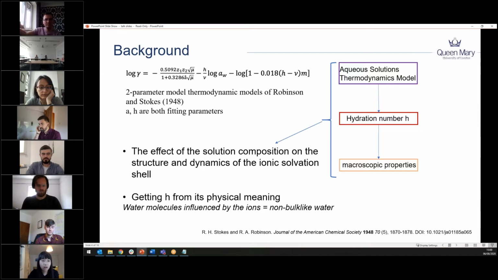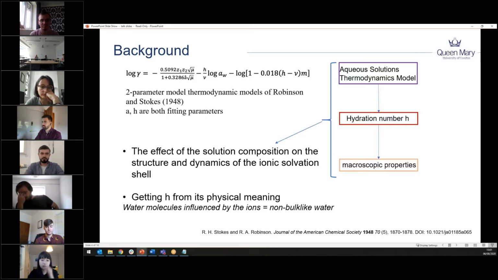Here in the equations, gamma is the activity coefficient, mu is the ionic strength, and aW is the activity of the water, and Ni is the number of ions generated by one solute molecule. It is a simple theory of electrolyte hydration, and this equation combines the Debye-Hückel terms to obtain the correct limiting values of activity coefficients.